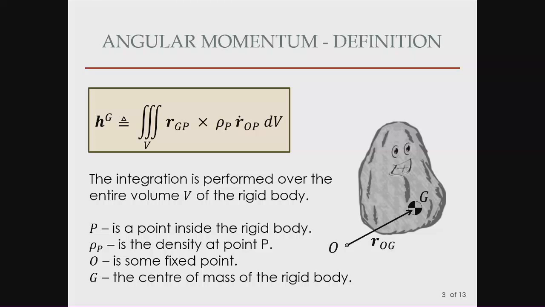We want to move to the more convenient representation, which is this one, where omega is the absolute angular velocity of the rigid body, and this I about G, I'll come to it.